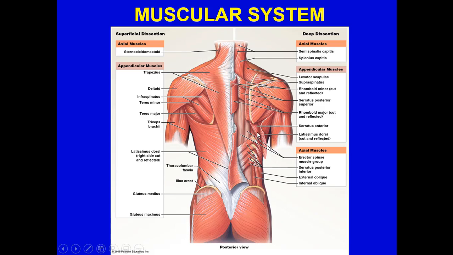Latissimus dorsi had to be cut and reflected just so you could pull it away and see what was down in here, because what you can see here are the erector spinae groups, which we mentioned earlier, and you know, we have some of these other ones, but they're all axial, so we've already covered those.